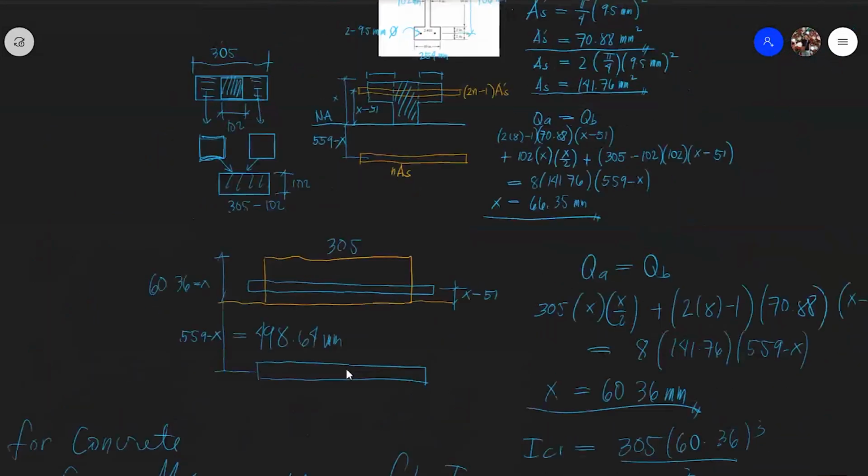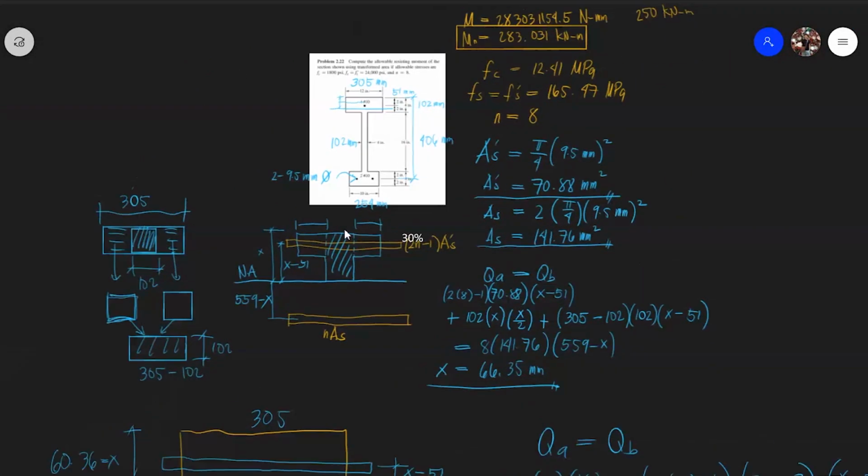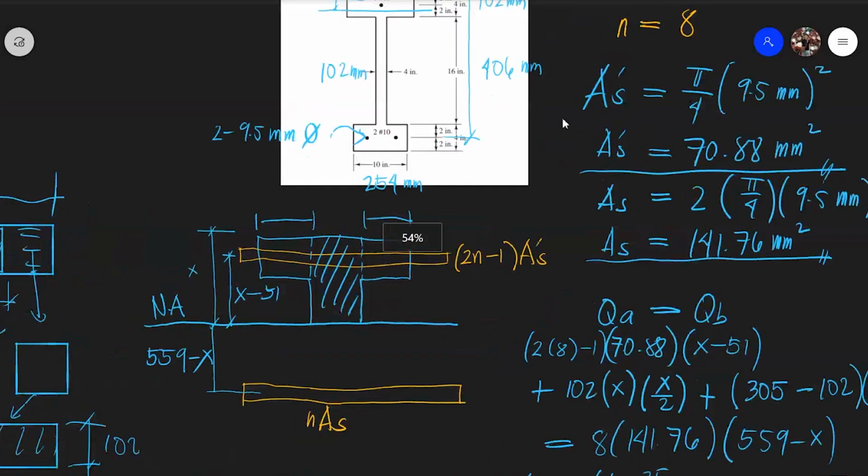For the moment of concrete, the allowable bending stress for concrete was given. It's right here.